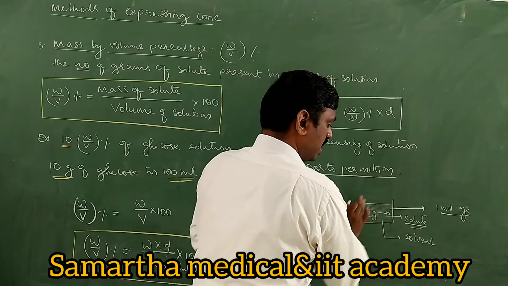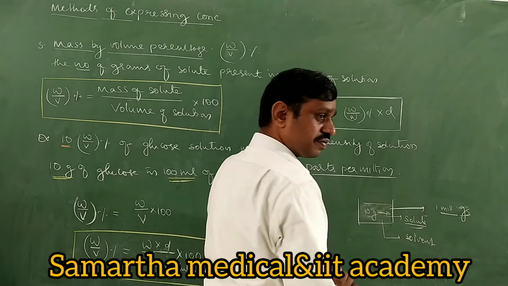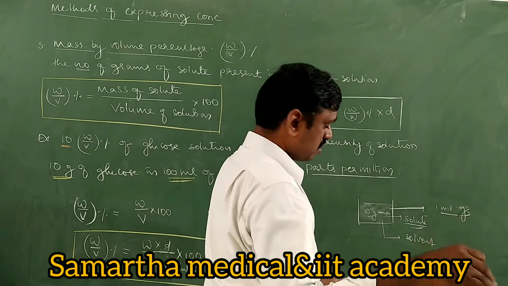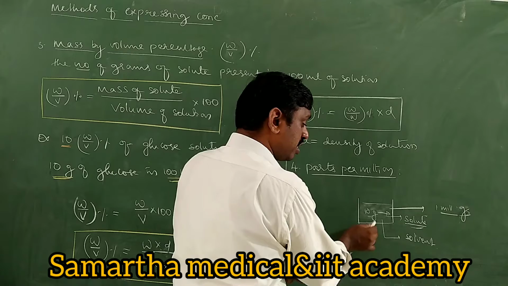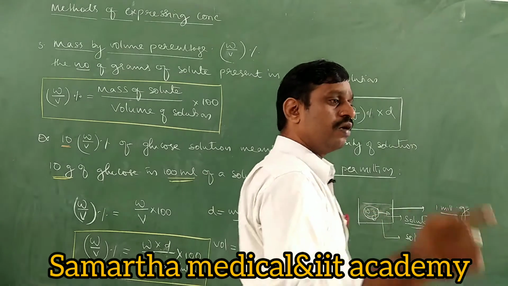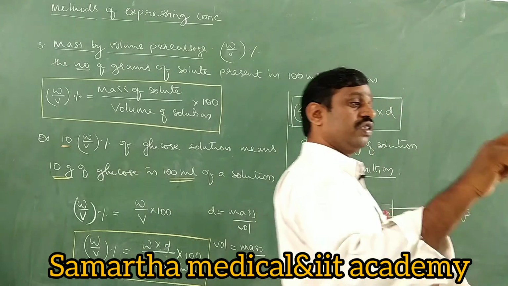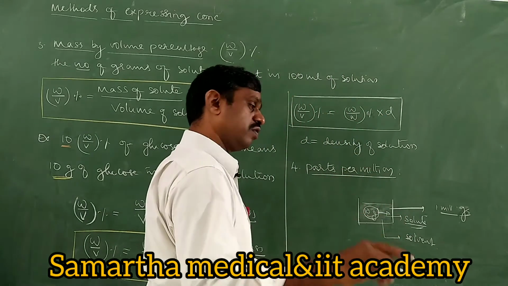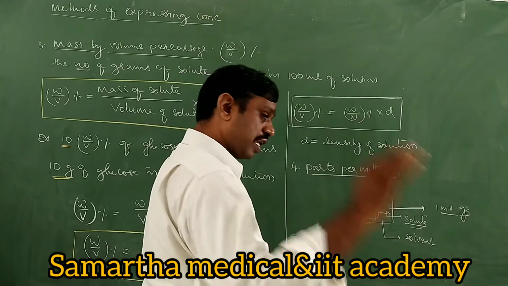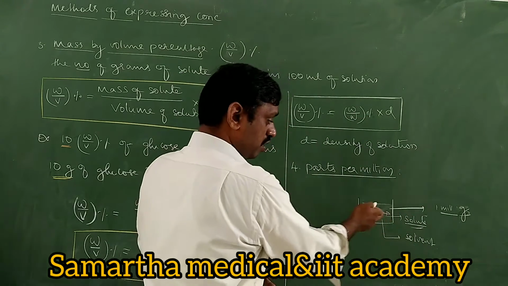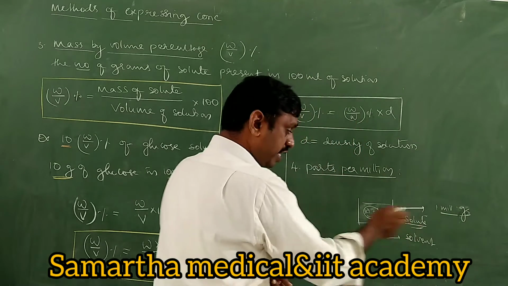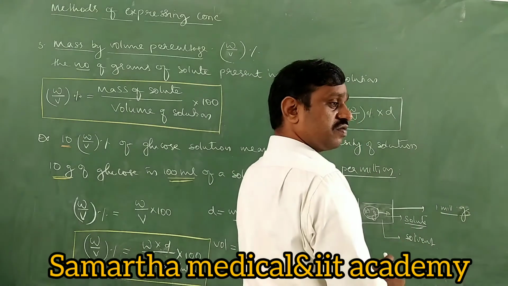Just imagine a million grams of the solution. In a million grams of the solution, how many grams of the solute are there? 10 grams. Therefore, 10 grams of the solute are present in a million grams of the solution. Here the part can be ml, grams, anything. 10 grams in a million grams, 10 ml in a million ml, 10 parts in a million parts.